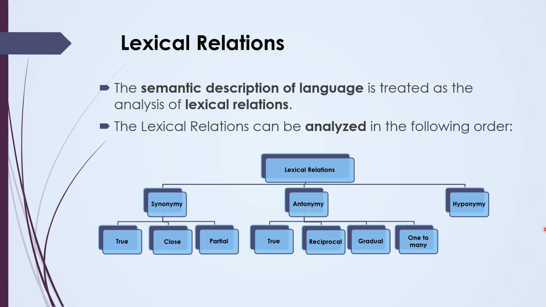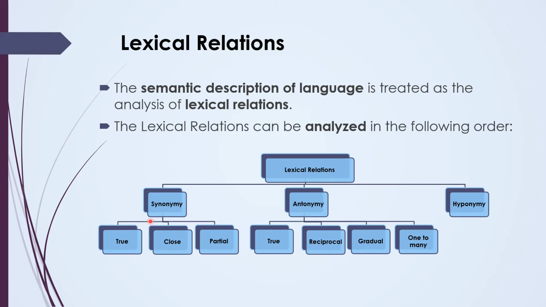And here is the diagram, the chart which will help us to understand the relationships. First we have three major sections. I should not tell you there are only three categories, rather there are more categories, but we'll be looking at only these major three. First one is synonymy, antonymy and hyponymy.